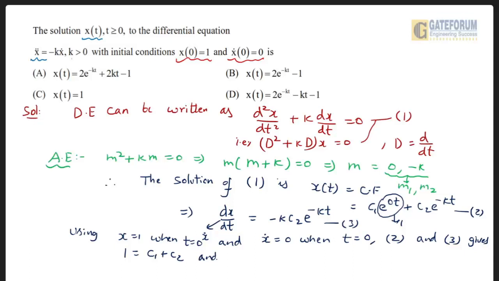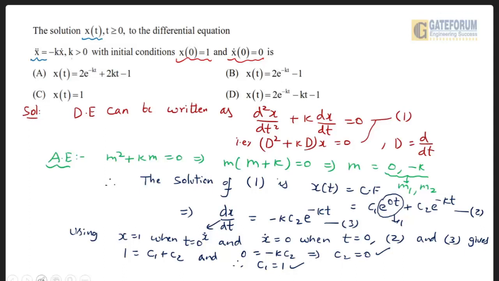And dx by dt, that is x dot of 0, is given as 0. So 0 is equal to minus k C2 e power 0, with t equal to 0, so from this C2 value is 0. Therefore C1 value is 1. These two arbitrary constants now become fixed constants: C1 is 1, C2 is 0.